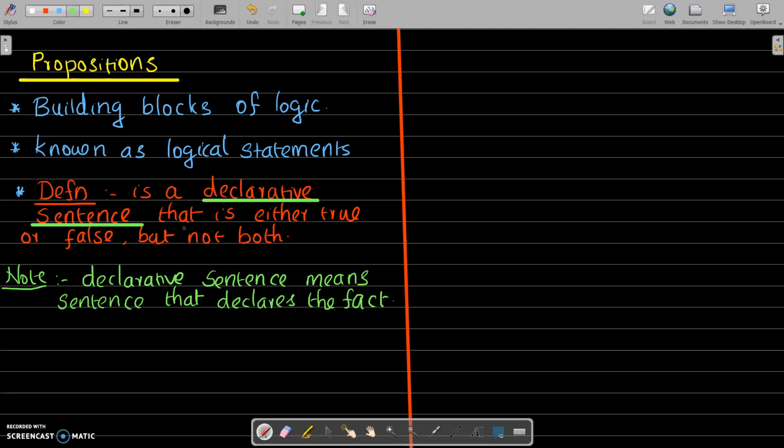What do you mean by declarative sentence? A declarative sentence is a sentence that declares a fact. That must be either true or false, but not both. It must declare a fact.